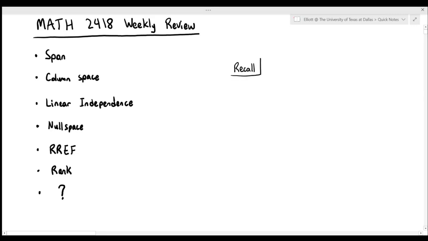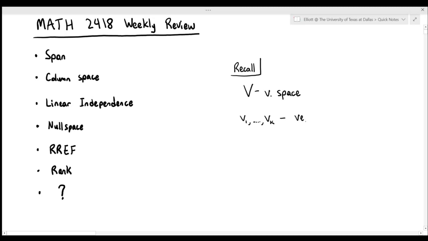So first, let's just recall what the word span meant. Let's say we have a vector space, which I'll denote by a capital V. And then let's say we have some vectors, I'll call them V1, V2, and so forth up to Vk.